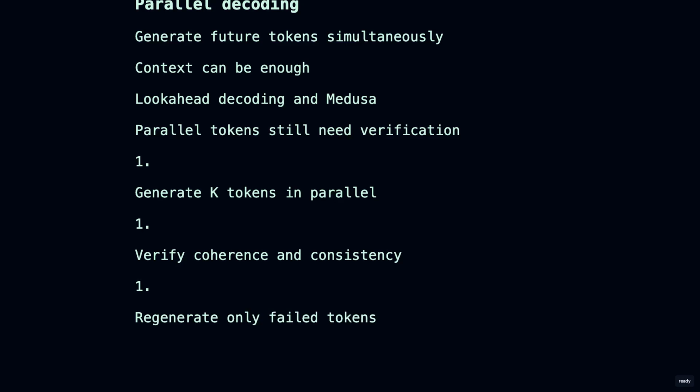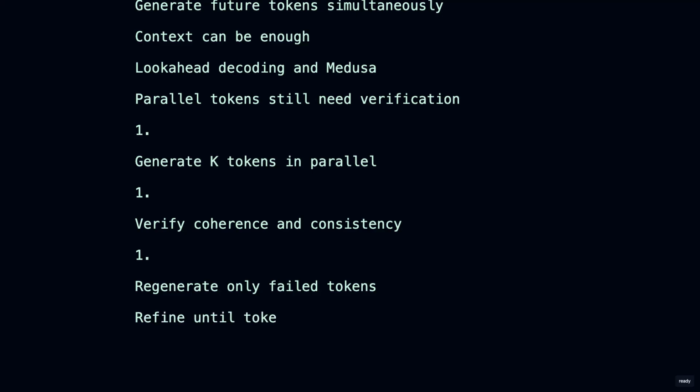Instead of throwing away all K tokens, the model adjusts just the parts that do not fit. The loop continues until the generated tokens pass verification and become part of the final output. This family of methods is often called Jacobi decoding.